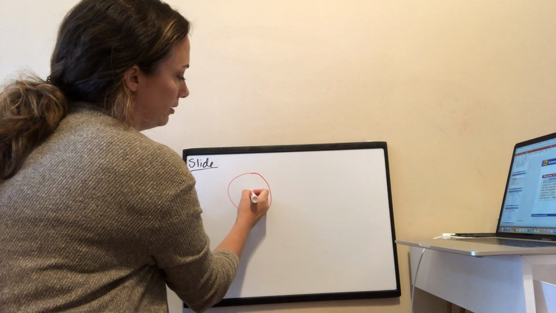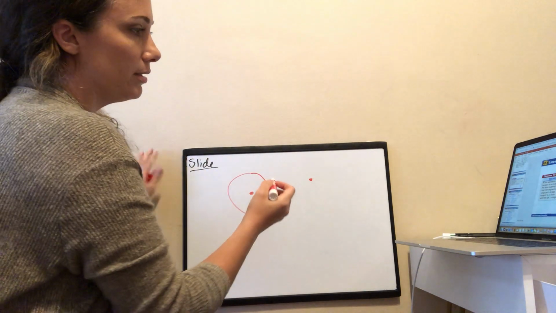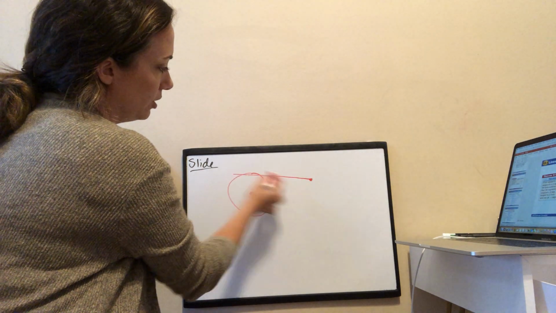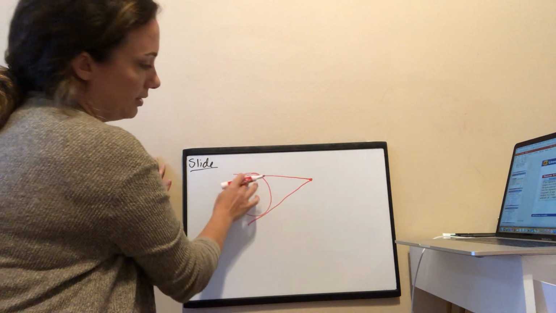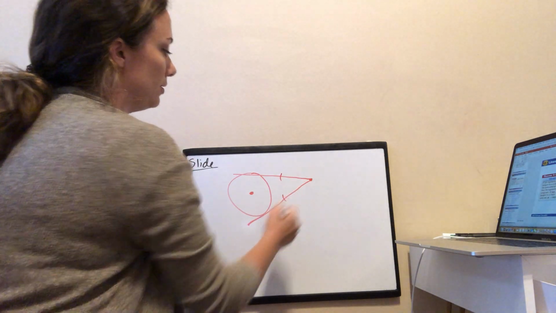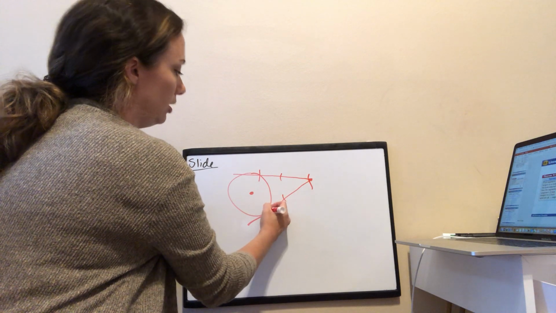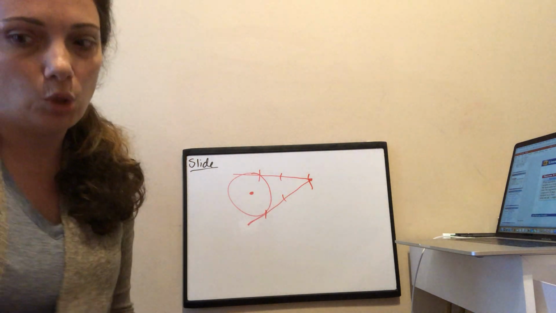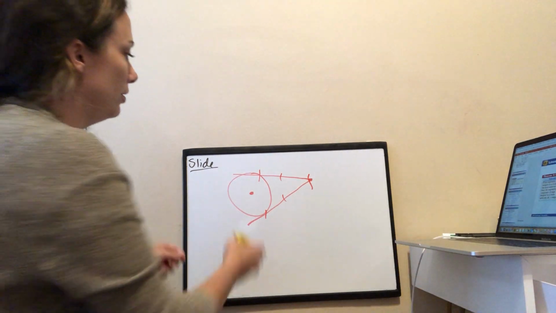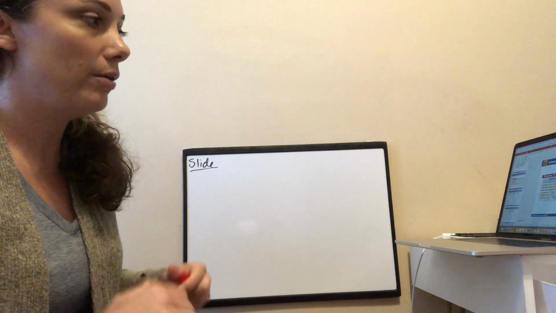I have a random external point, and what that theorem says is from that external point, if I have tangent lines, that's supposed to be just intersecting the circle, these segments will be congruent. So from here to here and from here to here are going to be congruent if it's drawn well. So we're supposed to use that theorem to solve problems, and the math's easier on that one.